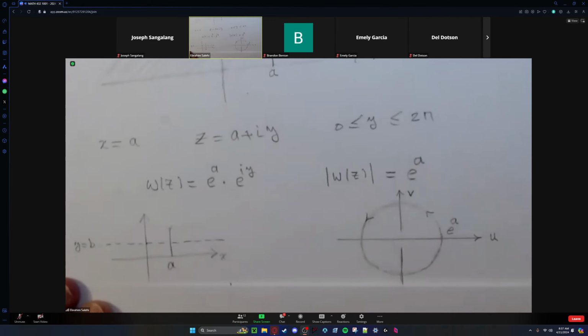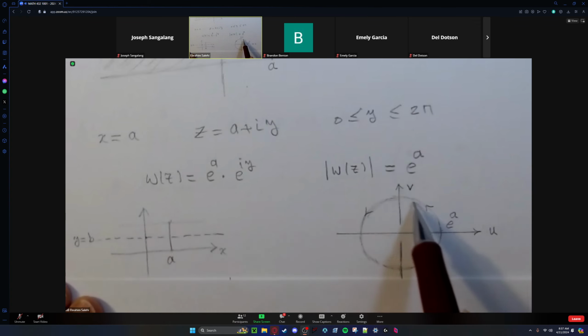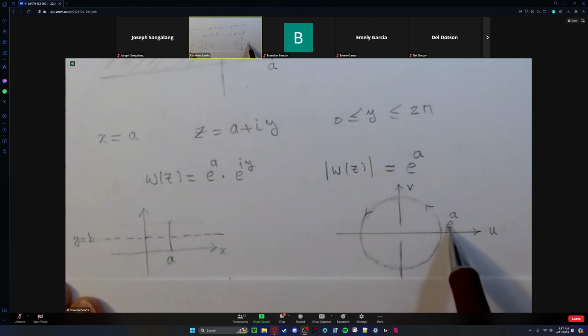This is what happens then. This little piece of line, when x is a, will go to this circle of radius e to the a.